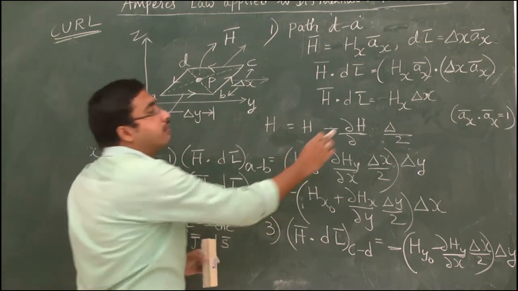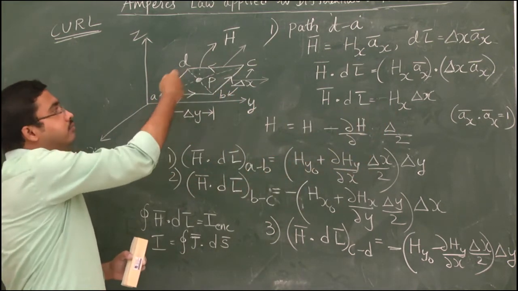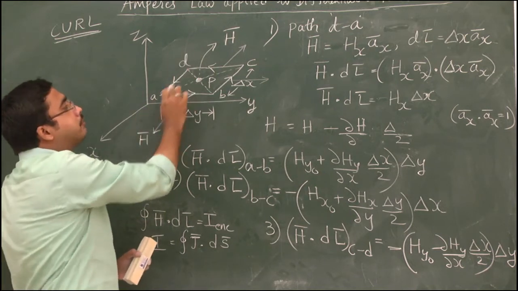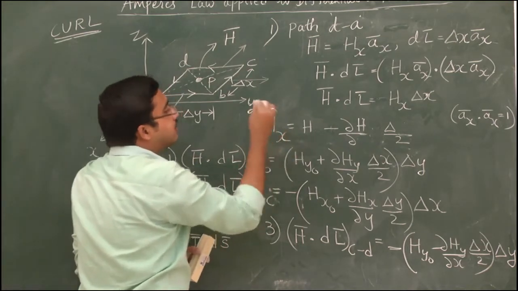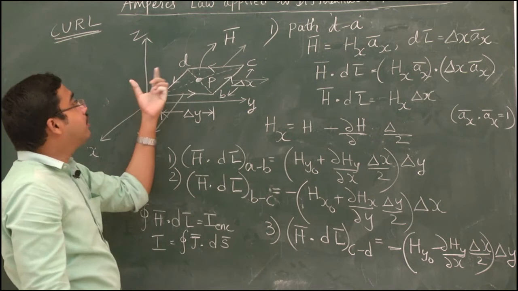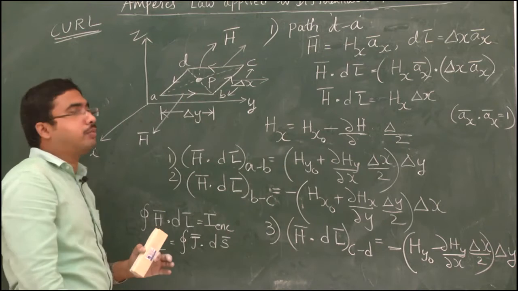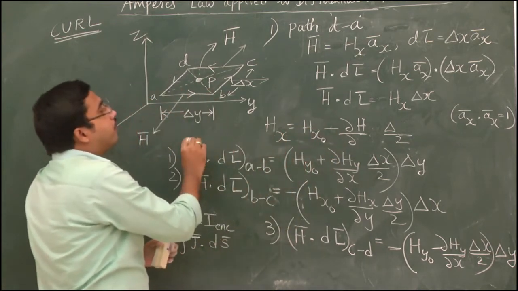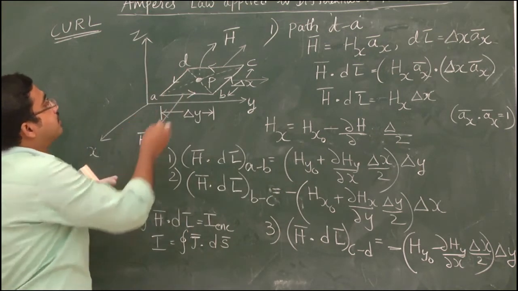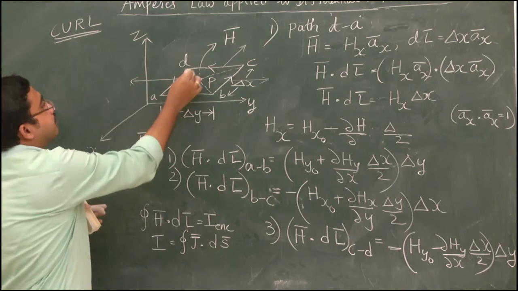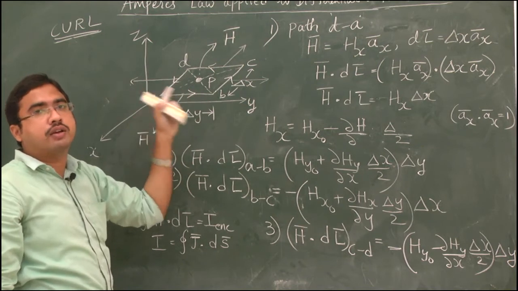Now, if I find the value of this hx, that means h due to this path DA, DA is the actual path, h due to this path DA at point P is to be separately calculated again. That is hx is equal to the initial value of hx for this differential element, hx naught, that we have taken from the previous expressions, minus. Why should we take minus here or plus? What is the direction of h bar at this path DA? H bar will always be perpendicular to the Amperian path that you are considering.